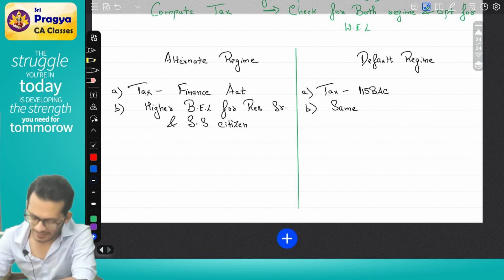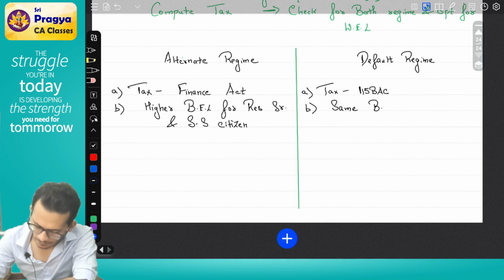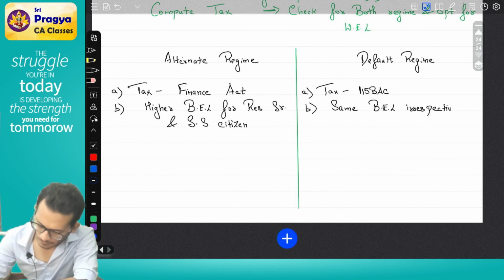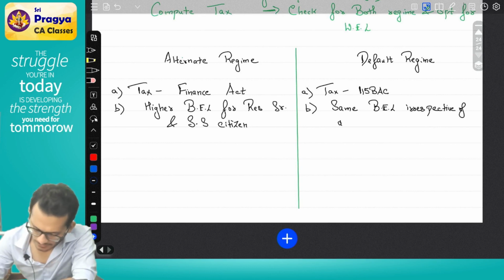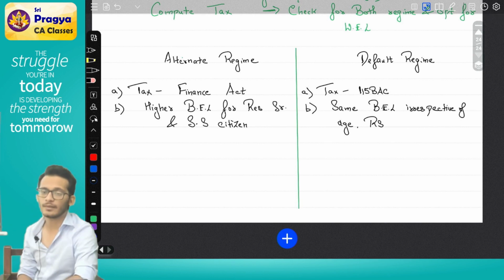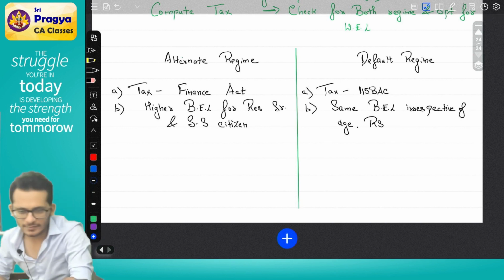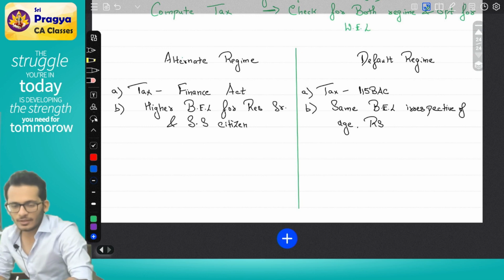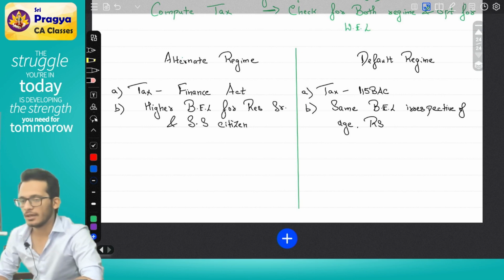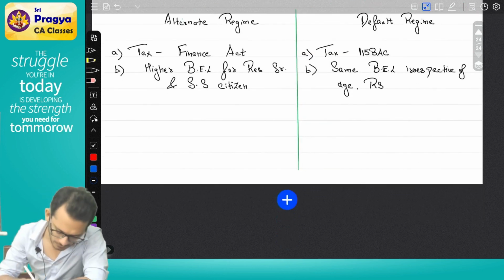No. It is the same rate, same basic exemption limit, irrespective of age and residential status. It doesn't matter what your age is. Yes or no?